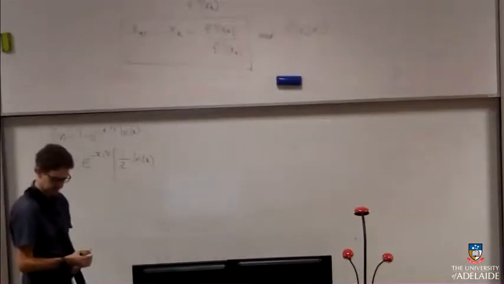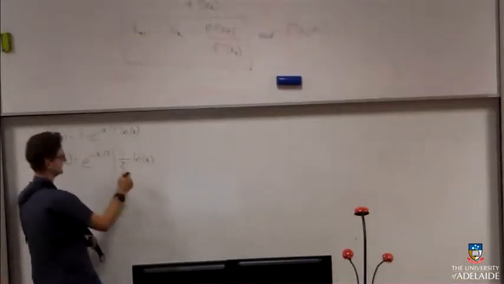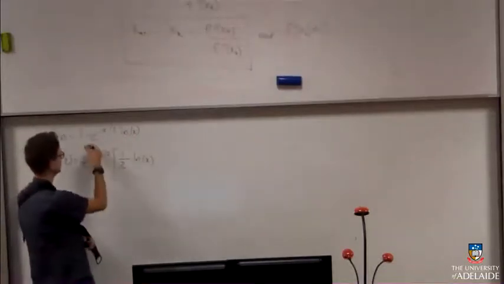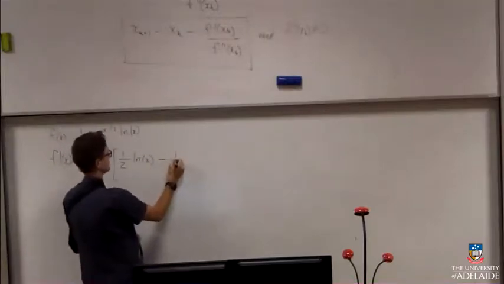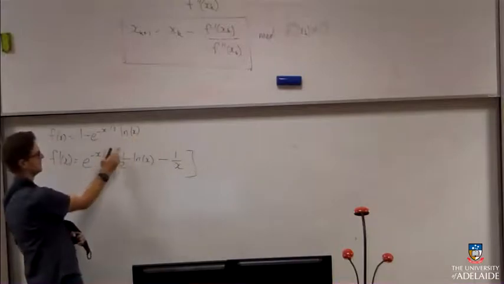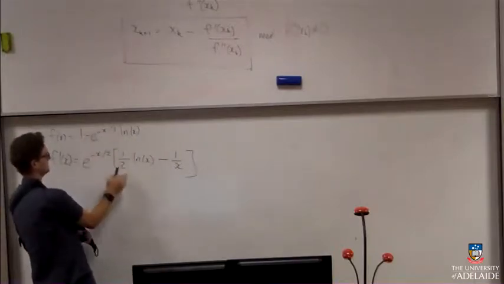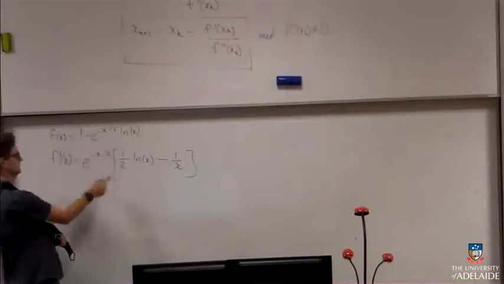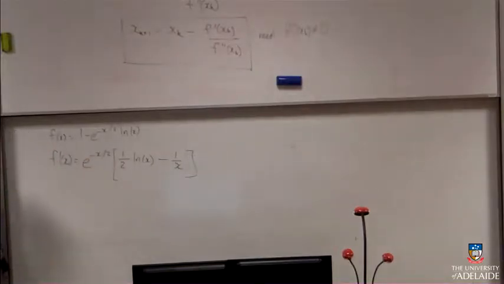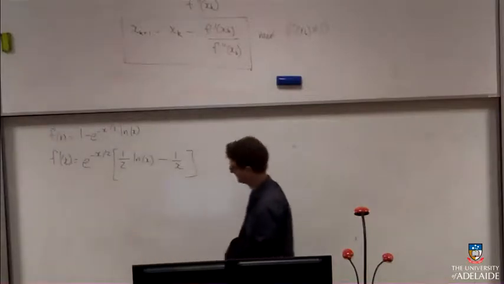And then I have to differentiate this, hold this constant, and that's going to leave me with, if I get all of my minus signs correct, a 1 over x. Right, so 1 over x from differentiating the log x, a negative sign is that negative sign. A half from differentiating that with a negative cancelling out. And I've taken out the common factor of e to the negative x over 2.